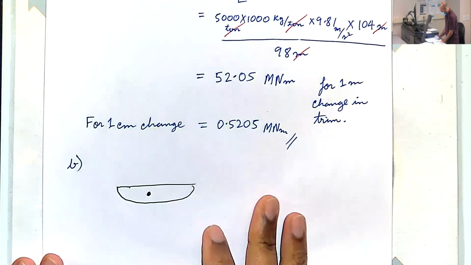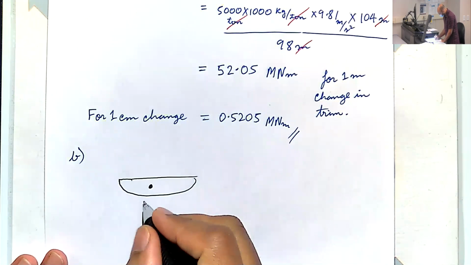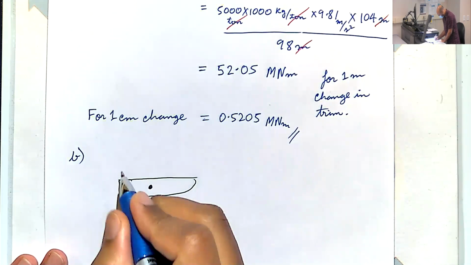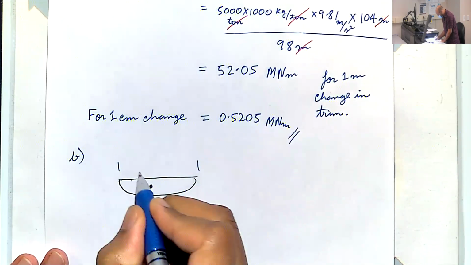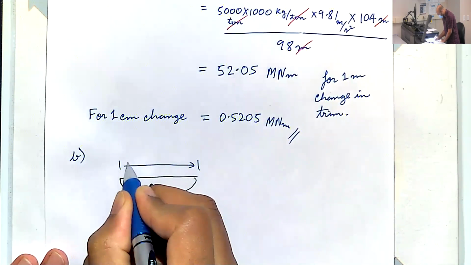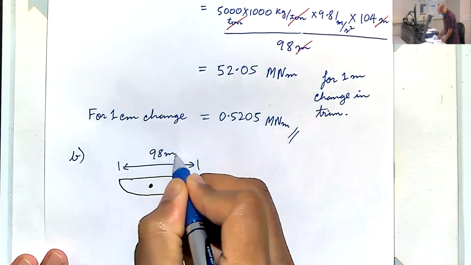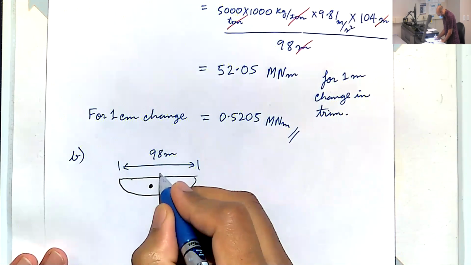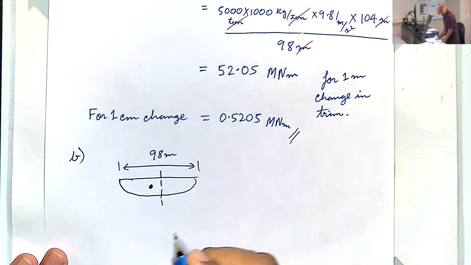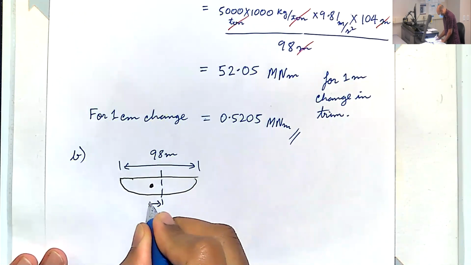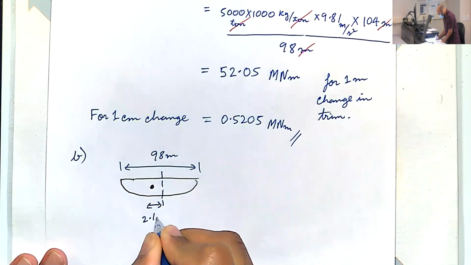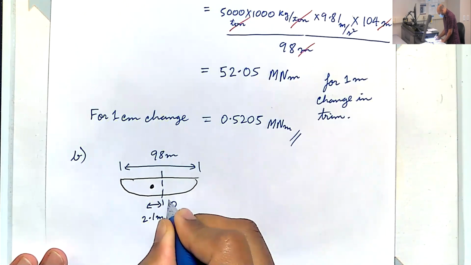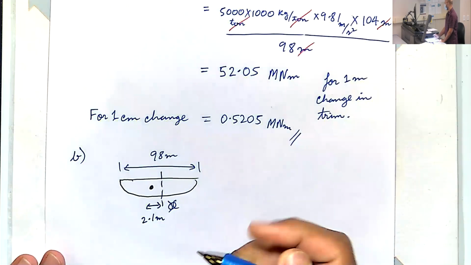Oh, LCF is given, right? Length is what? It's 98 meters. LCF is where? LCF is 2.1 meters aft of midships. Dashed line is my midships. Okay.